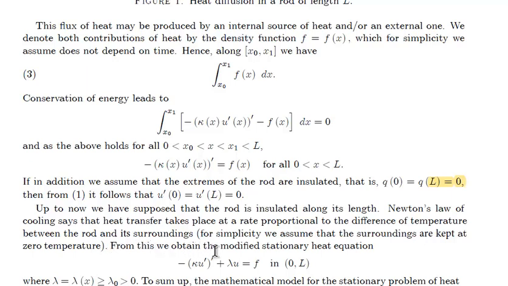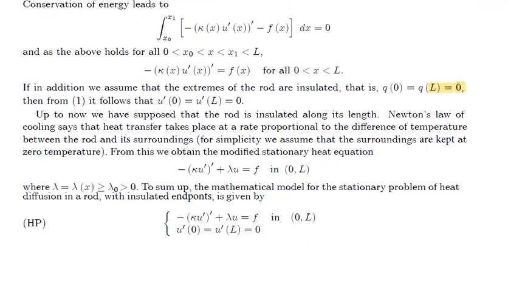From this, we obtain the modified stationary heat equation, which has this additional heat flow outward from the rod to the environment that's proportional to the temperature. If u is greater than 0, then the transfer from the rod to the environment is positive. If the temperature is less than 0, then the transfer from the rod to the environment is negative. And once again, we assume that lambda may depend on x.